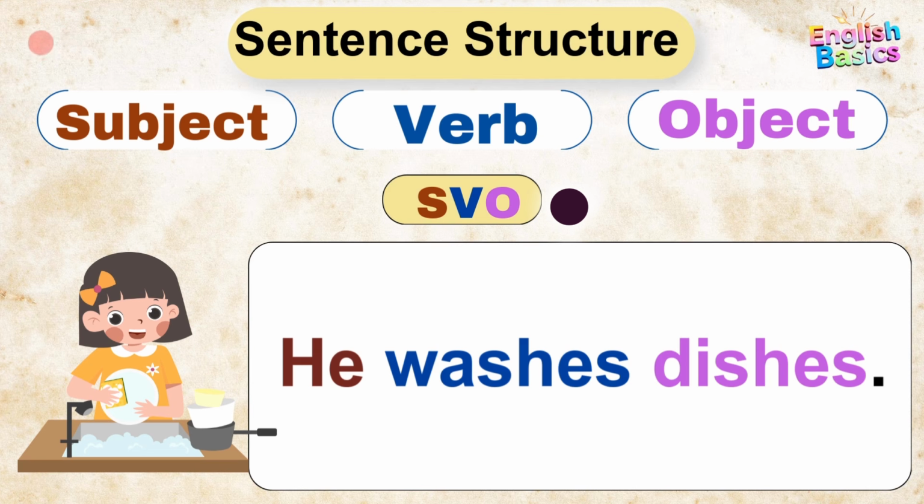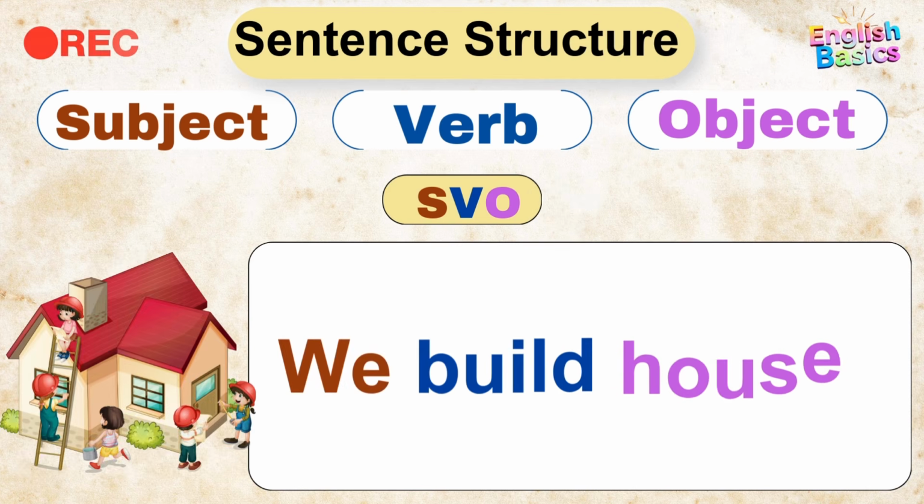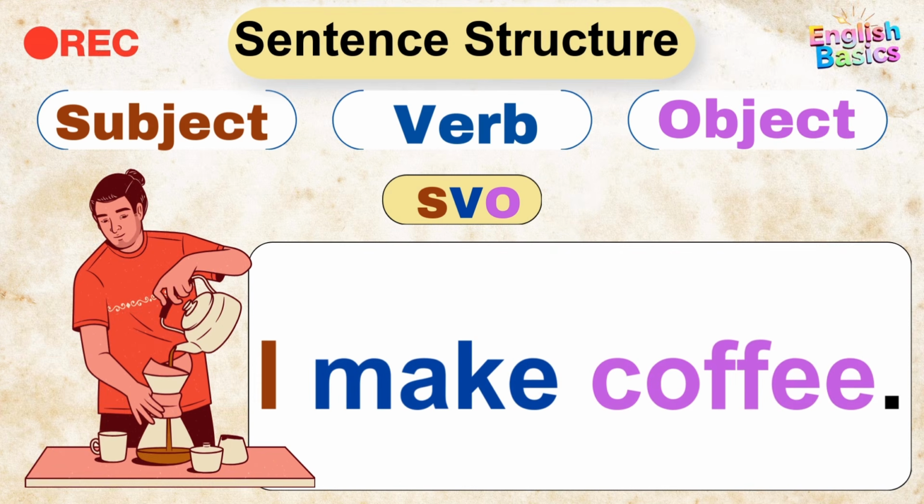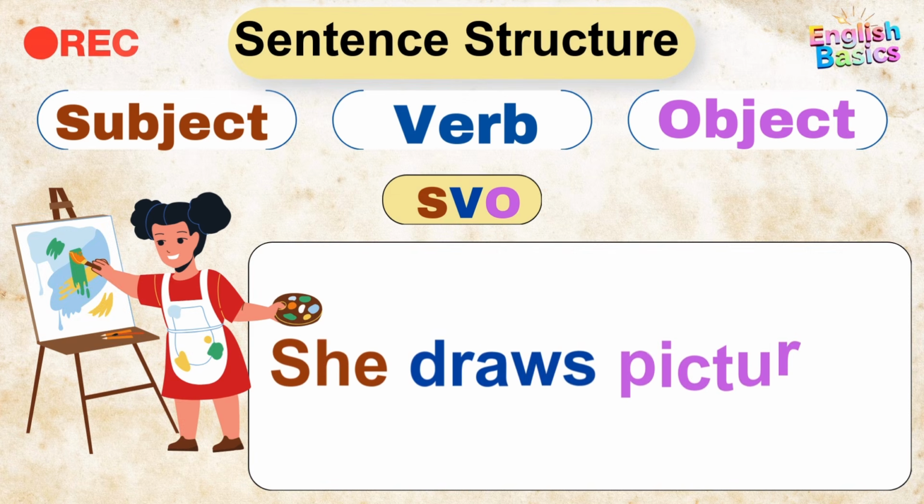He washes dishes. We build houses. I make coffee. She draws pictures.